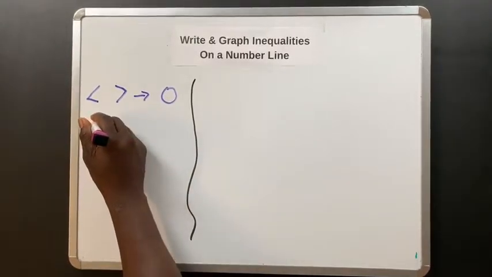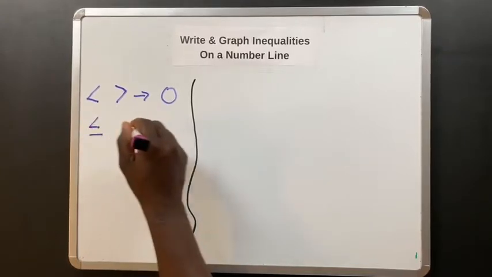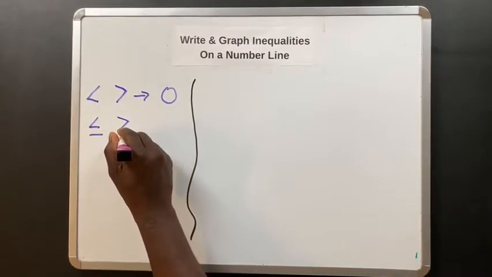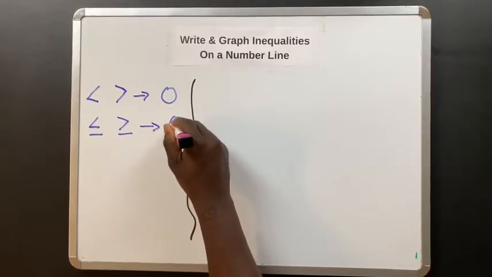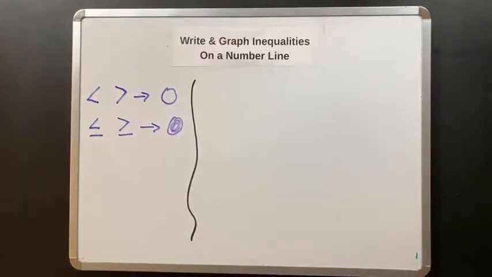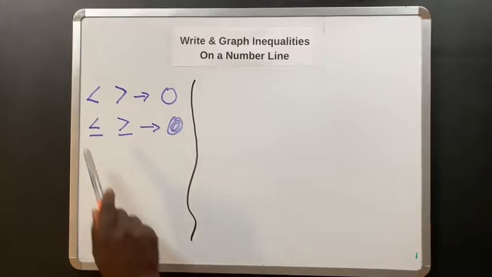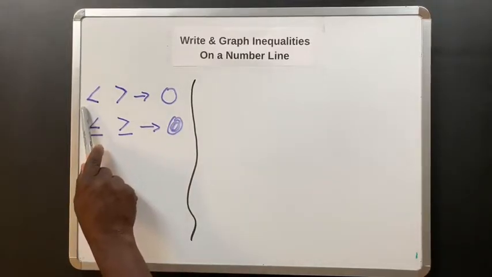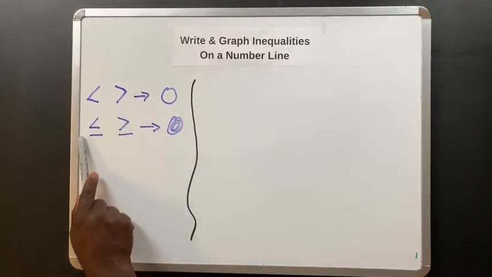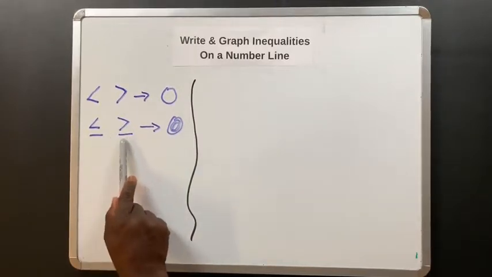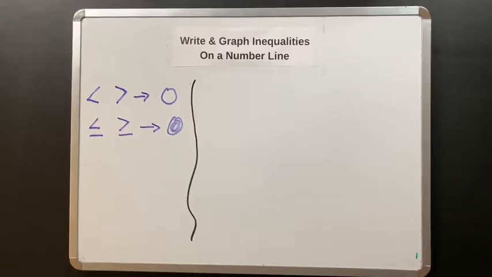If we have less than or equal to or greater than or equal to, we're going to have a closed circle. Remember, when you are reading an inequality, you read it from the left side. That's less than. That's greater than. That's less than or equal to. That's greater than or equal to. Okay? So let's go ahead and jump right in and have some fun.